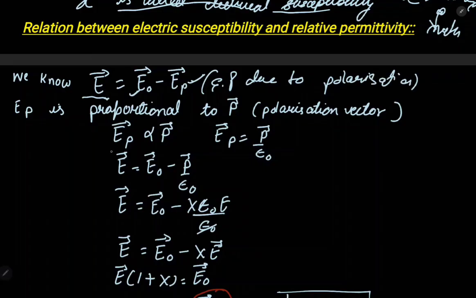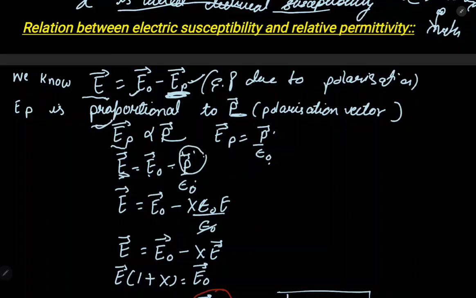The electric field due to polarization is proportional to the polarization. The more the polarization, the more the material can polarize, and the more the electric field. So E can be written as E naught minus P upon epsilon naught. This EP is equal to P upon epsilon naught when I remove the sign of proportionality.